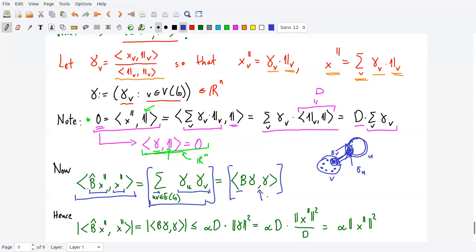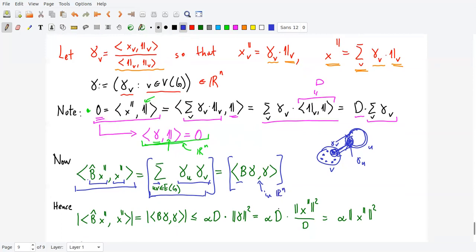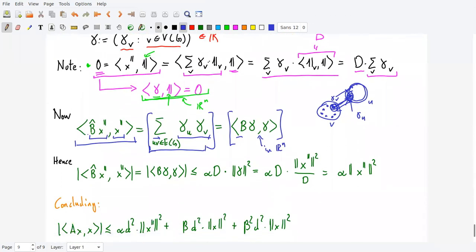So this is a cross product in R^{2D}. So all in all, this term that we ended up with is the same as simply B gamma cross product gamma.